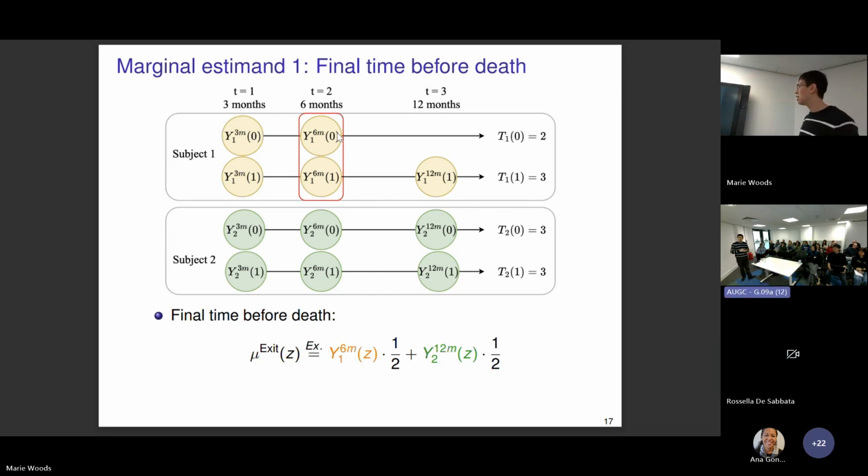So this gives us our first estimate, which is evaluated at the final time before death. Our estimate under treatment group little z will be evaluated at 6 months for the first subject, but 12 months for the second subject.